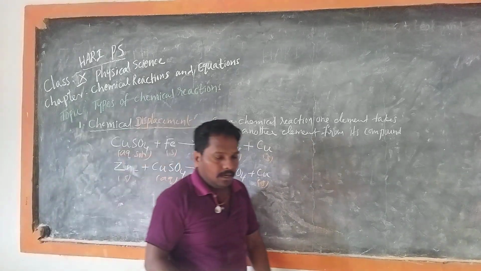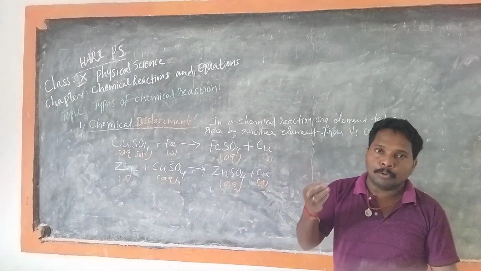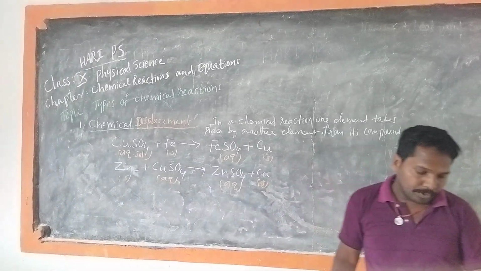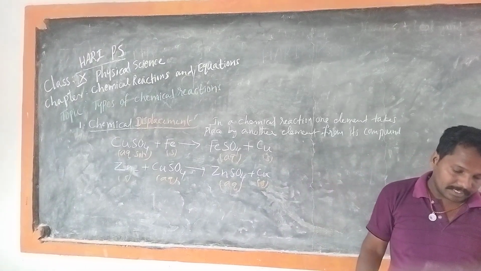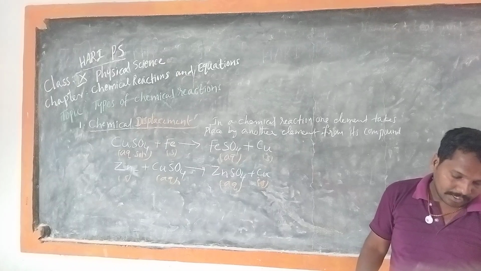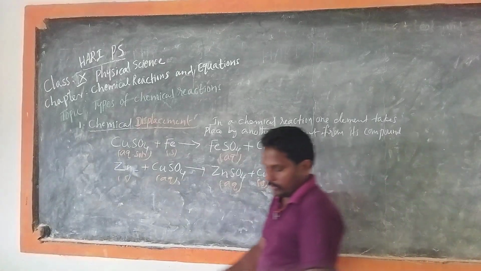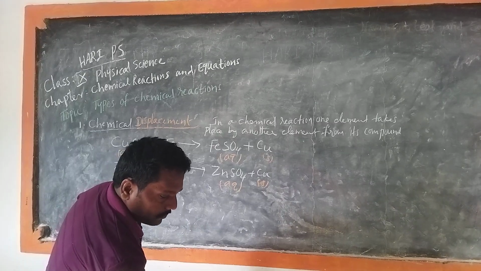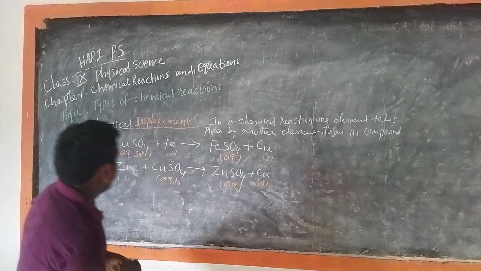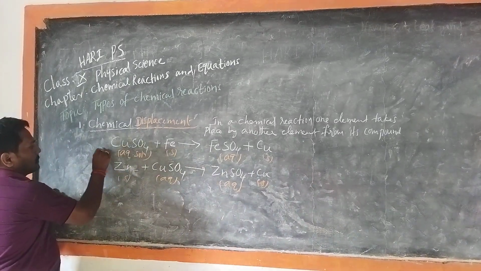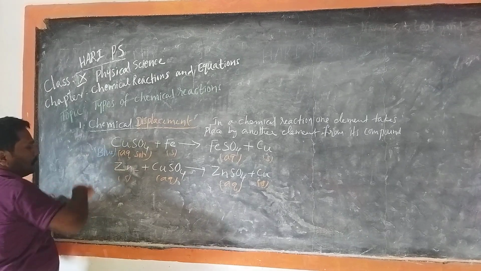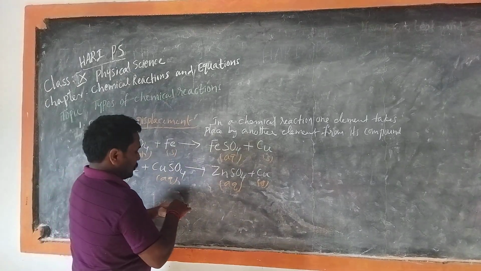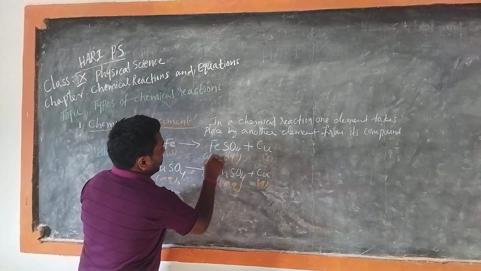You know very well that copper sulfate is blue in color. After the reaction, it turns into a green solution.